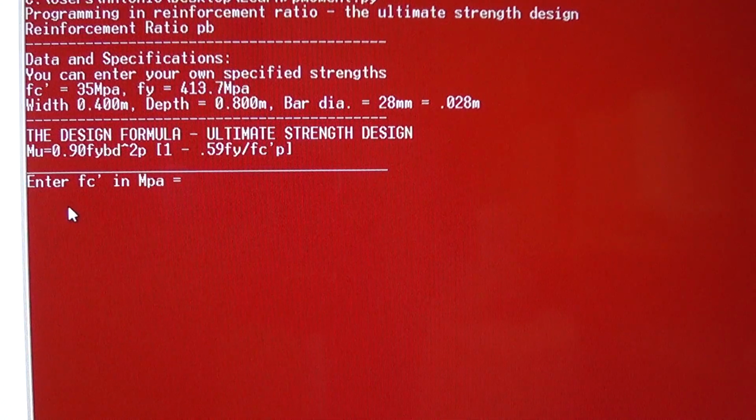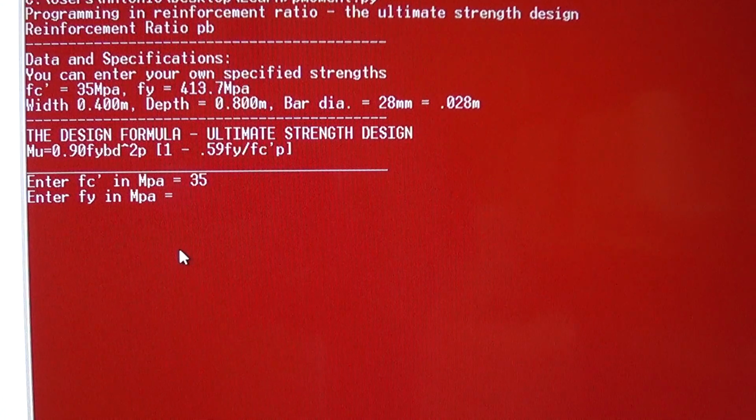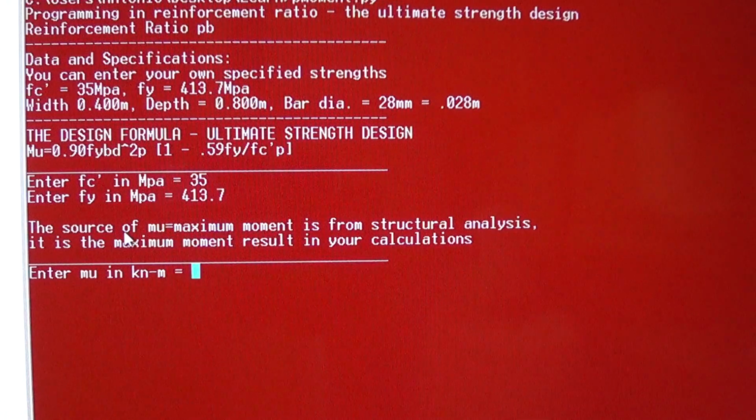You're going to enter the fc in MPa, which is 35 right here. All right, 35. Now the program is asking for the steel strength, 413.7. Now the maximum moment, from the beginning of the video as I showed you, is 1171.08 kilonewton.